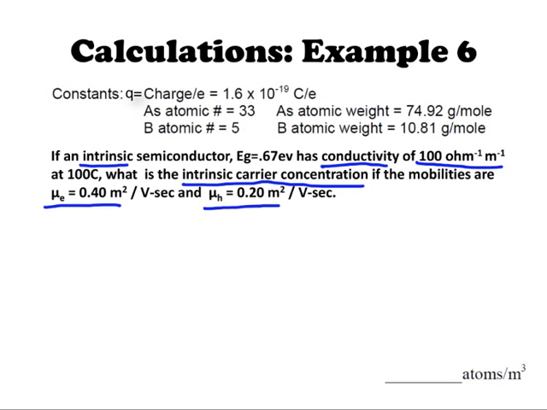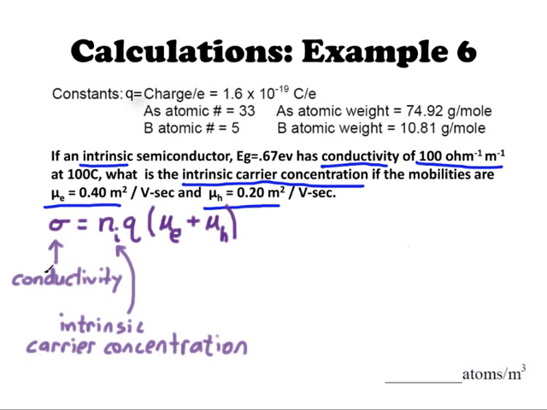The equation for the conductivity of an intrinsic semiconductor is: the conductivity is equal to the intrinsic carrier concentration times the charge of an electron multiplied by the mobility of electrons plus the mobility of holes.